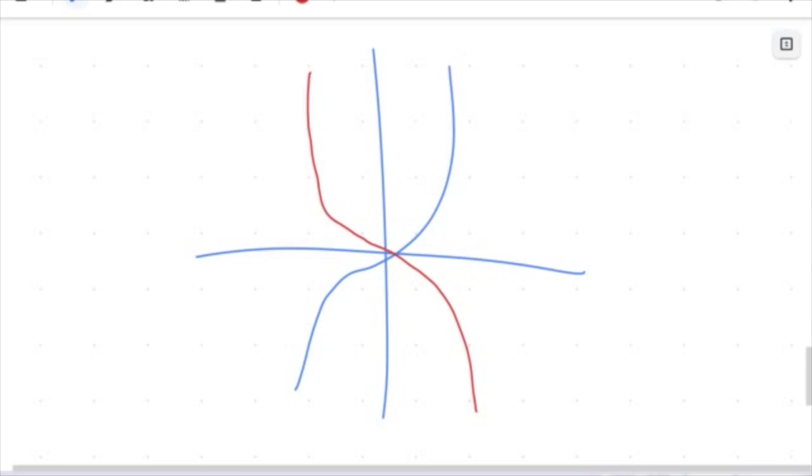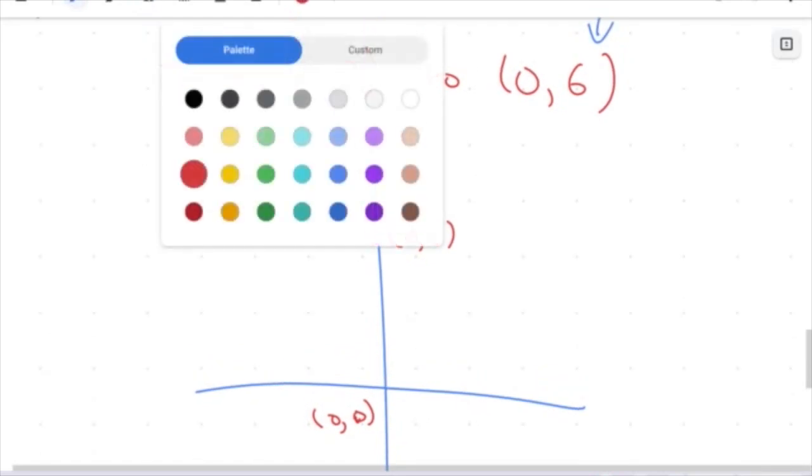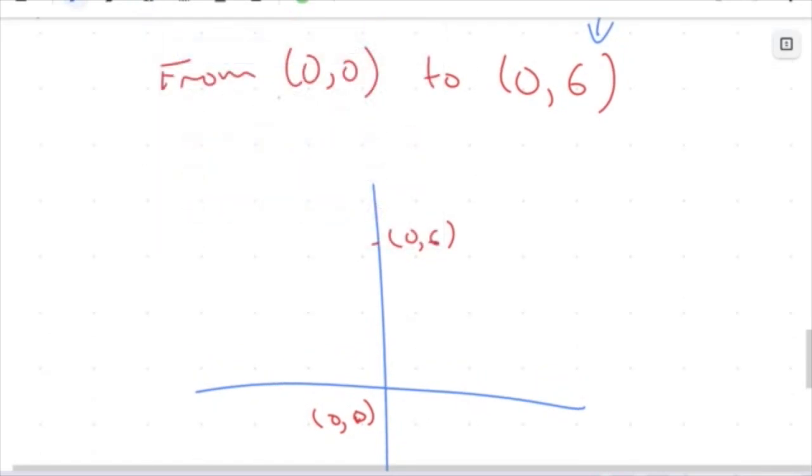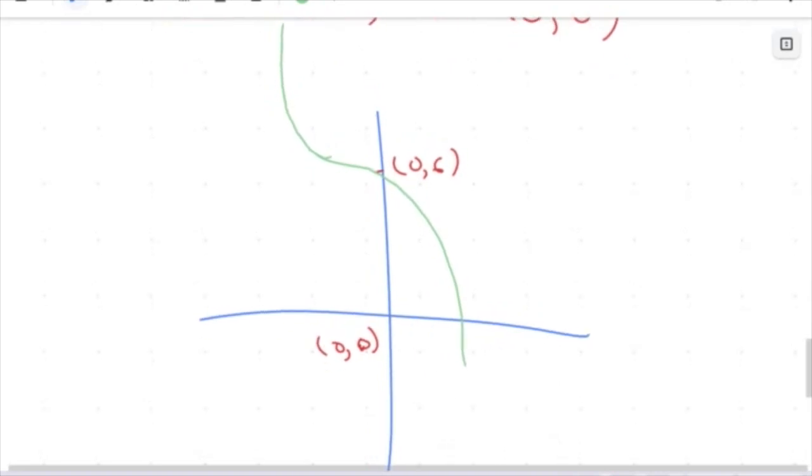But it's going to look like this red one, but it's getting shifted up 6 units. So it's going from the origin 0, 0, the point of inflection, to 0, 6. So this thing is actually going up here. It's going to look something like this.